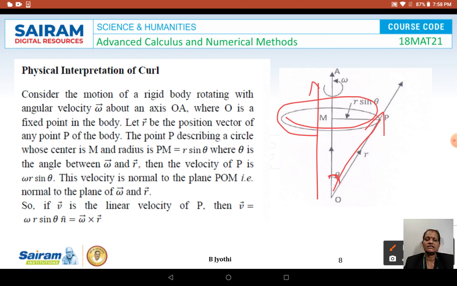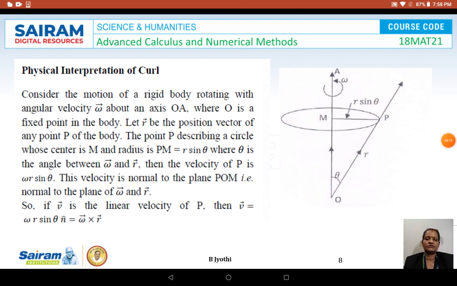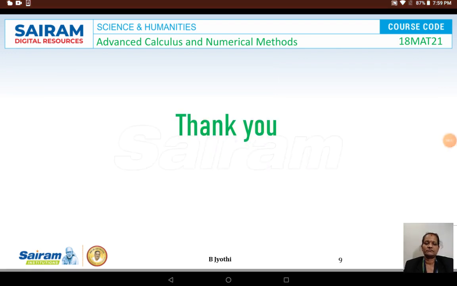This velocity is normal to the plane POM, that is normal to the plane of omega and R. So if V is the linear velocity of P, then V = omega R sin theta n cap. That gives us V = omega cross R, the vector. So that is the physical interpretation of the curl. Thank you.